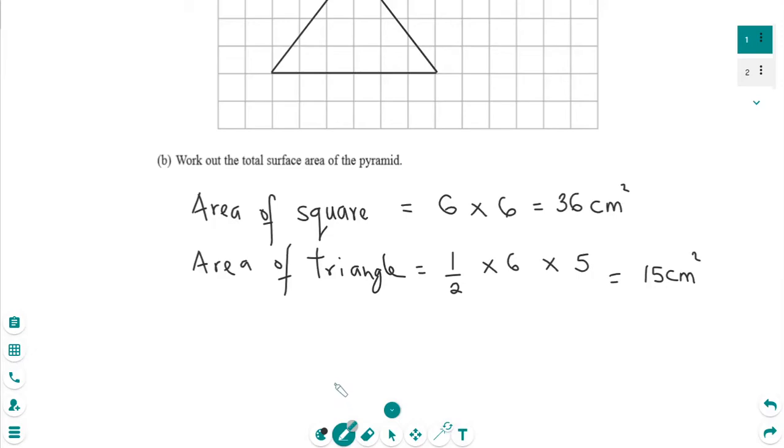So I might write it this way. The surface area of the pyramid is going to be 4 triangles, because there are 4 triangles there, and add 1 square.